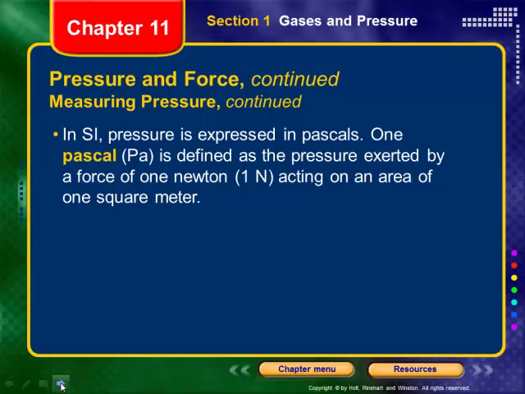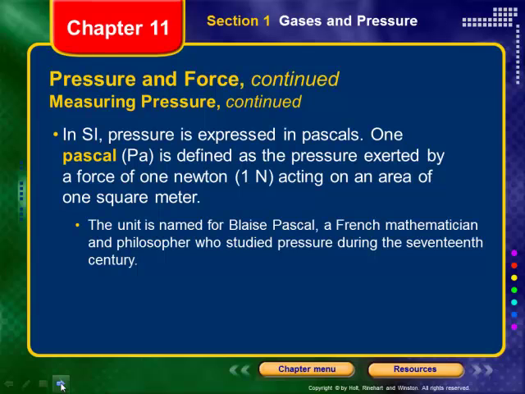In the SI system, pressure is expressed in pascals. A pascal is defined as a force of 1 Newton per square meter. Now, remember we said a Newton is not a particularly large force, and a square meter is a fairly large area. So a pascal is a kind of small unit of pressure.